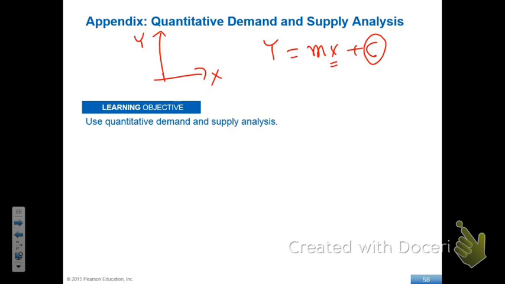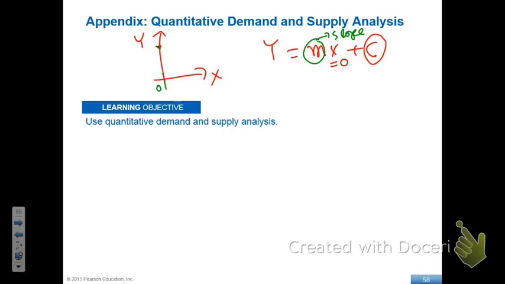C refers to the value of y when x is equal to 0. So c is called the vertical intercept, which is the value of y when the value of x is 0. M stands for the slope of this function. M really tells us how steep or how flat your equation is.